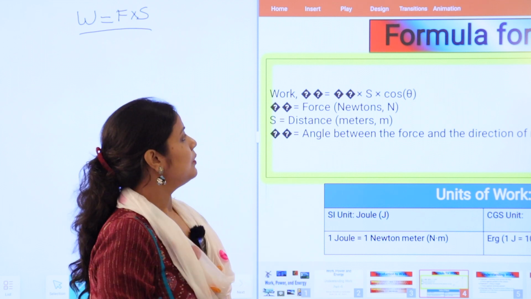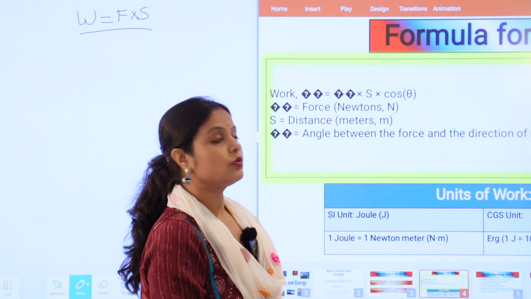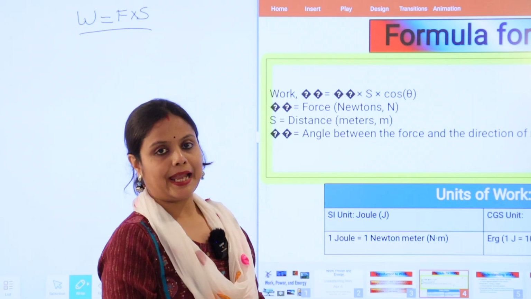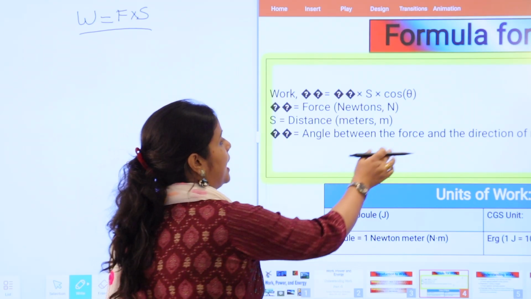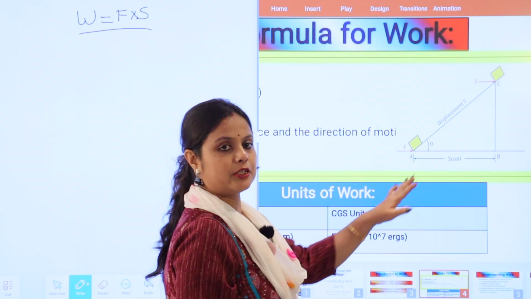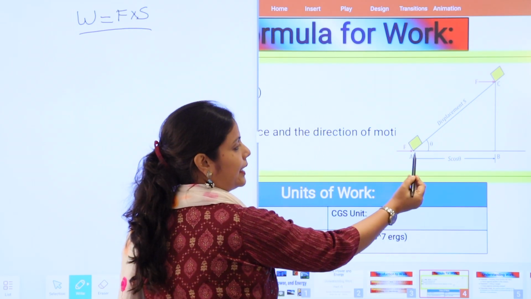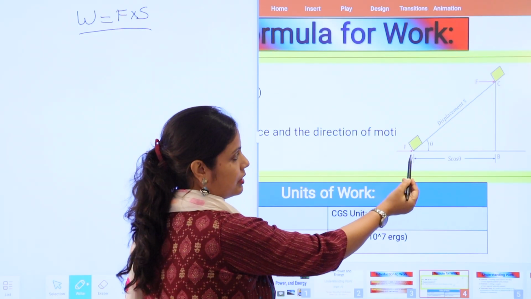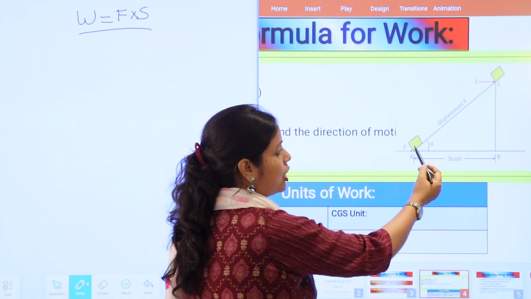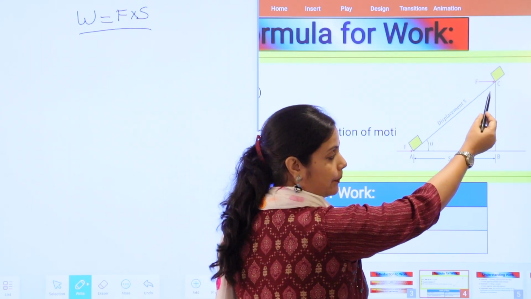W, that is the work done, equals force into displacement multiplied by cosine of the angle theta. In this diagram, you can see that force is applied along the horizontal direction, but displacement is produced in this angular direction. So the body is getting displaced from point A to point C.